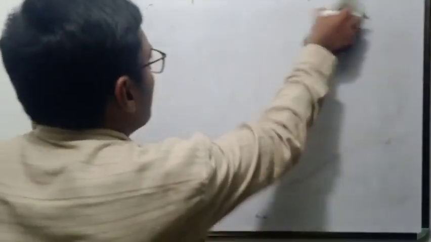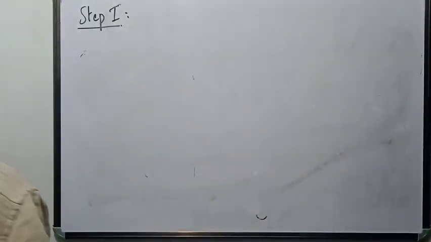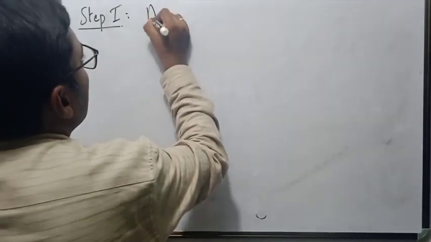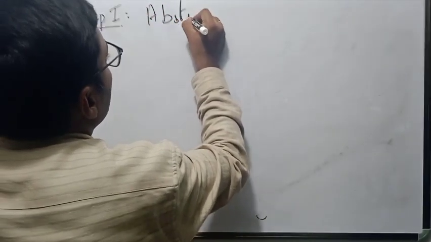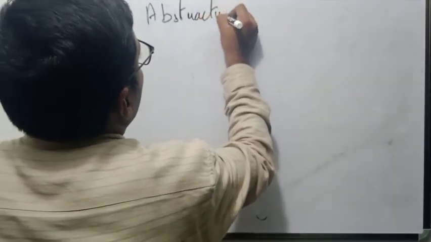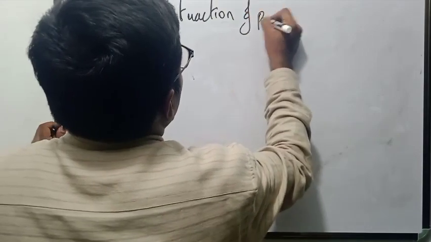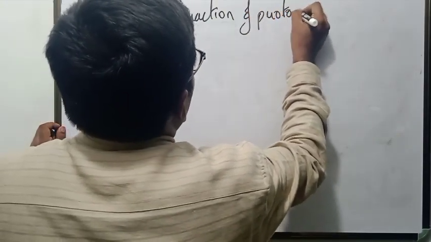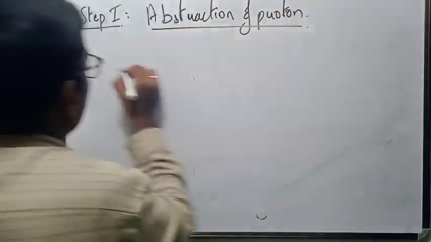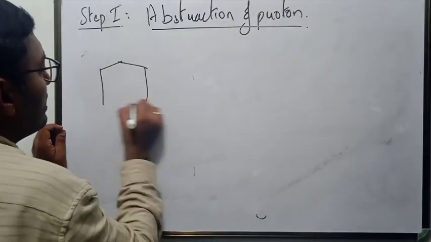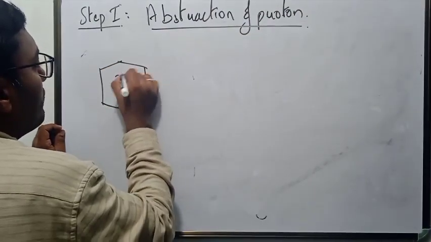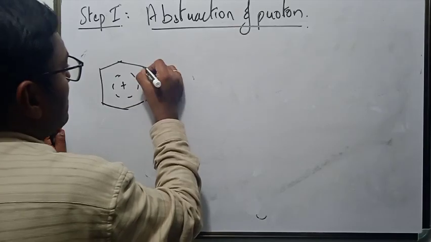Step 3 is abstraction of proton. Let's see what happens. We are going to draw our unstable carbocation here. The positive sign is rotating.